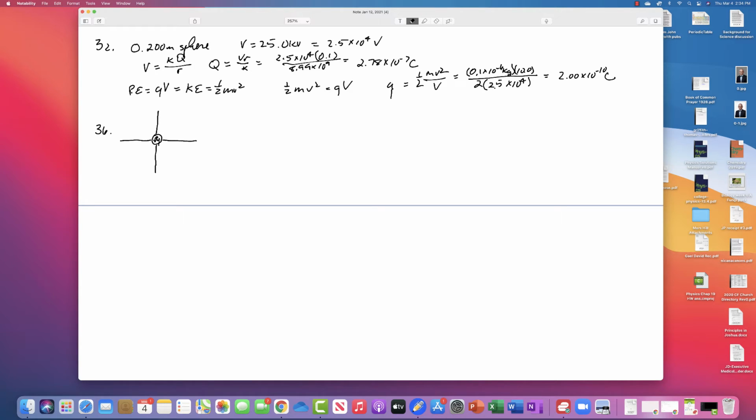And if it's positive, those lines have to be going out. Okay, so those are your equal potential lines. And with a positive charge, the voltage increases, or the potential increases by convention, as you move toward the charge.